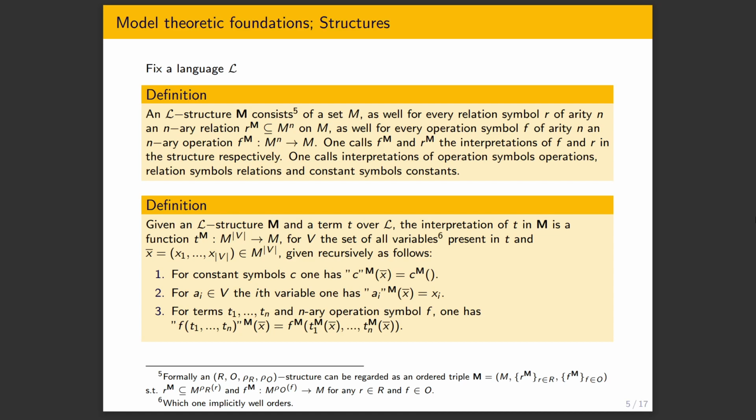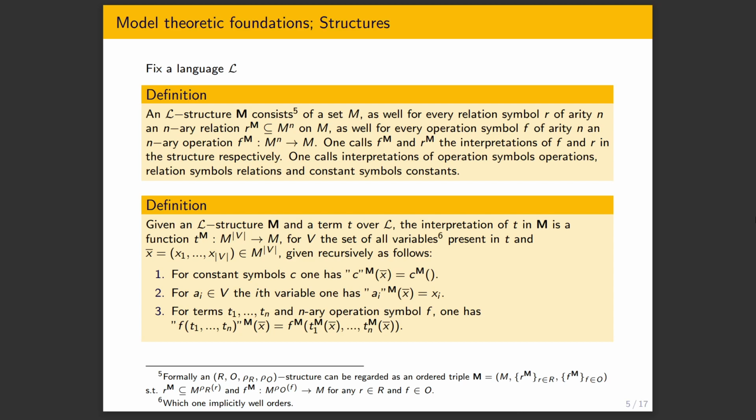A term can be 1 times x, but it can also just be x. So if the term is a_i, a variable which occurs in t, the ith variable, note we ordered the variables implicitly, strictly speaking well ordered them, doesn't really matter, then the interpretation of a_i evaluated at x is going to be x_i.